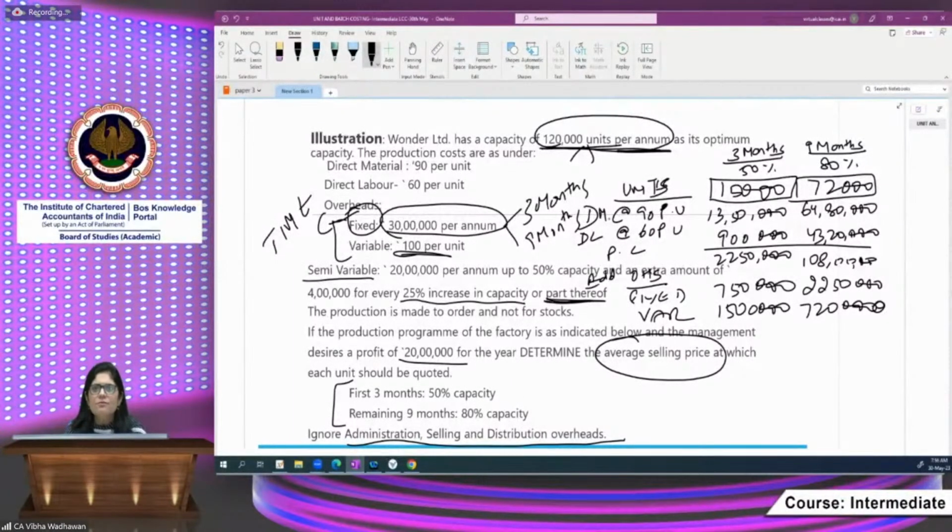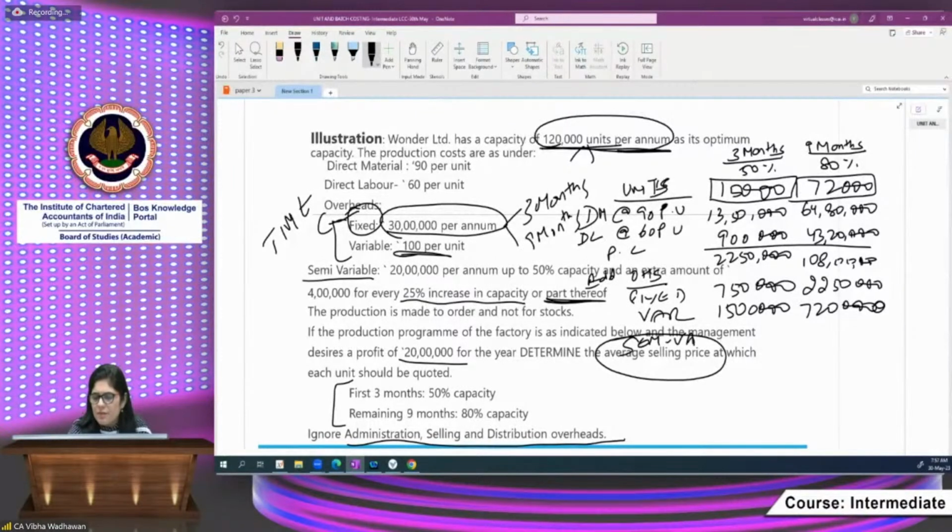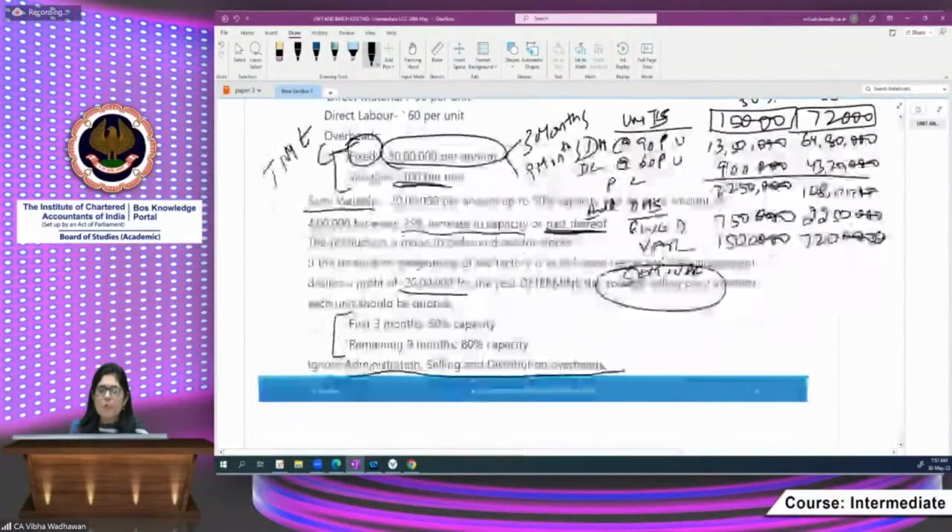Now let's come to semi-variable. I'm erasing everything else so that we have the space for this. Add semi-variable: 20 lakh per annum up to 50% capacity, and an extra amount of 4 lakh for every 25% increase in capacity or part thereof.